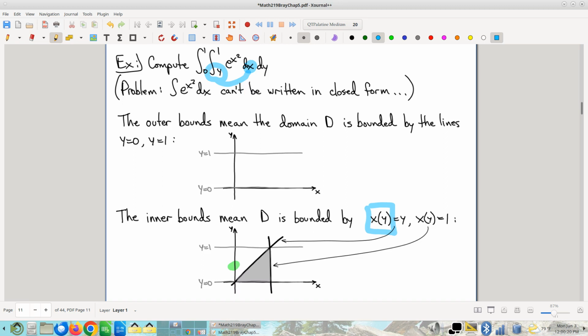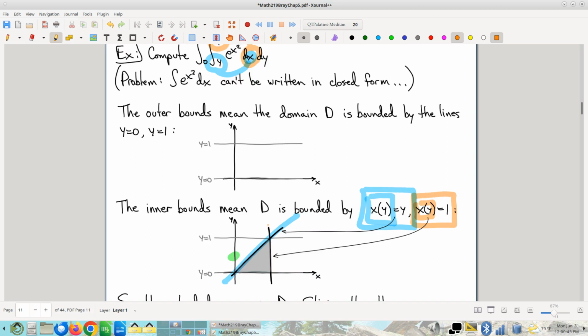So the formula apparently is x equals y. And that's an easy picture to draw. And likewise, my upper bound for x, apparently, x as a function of y is just 1 for the upper bound. And that, again, is an easy picture to draw. x equals 1.